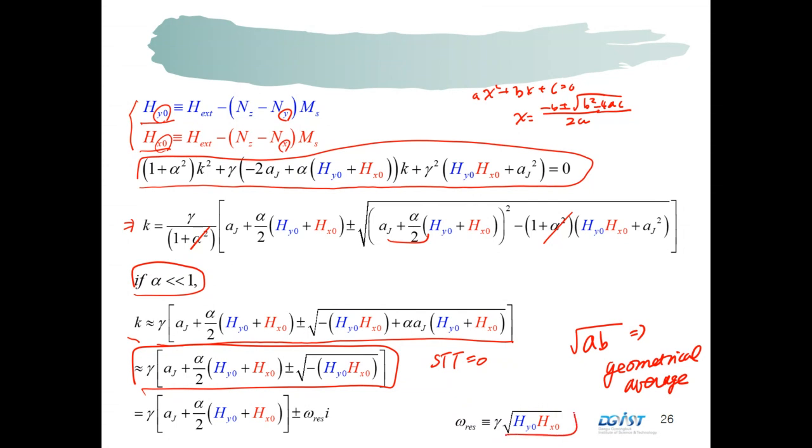Right? So this is nothing else than the geometrical average of these two fields. Actually, this is the form of the field. Okay. And as we already know, if we multiply the gamma with some field term, we can generate the frequency. So let's define this frequency as omega resonance. Okay. Then this form is even simpler.